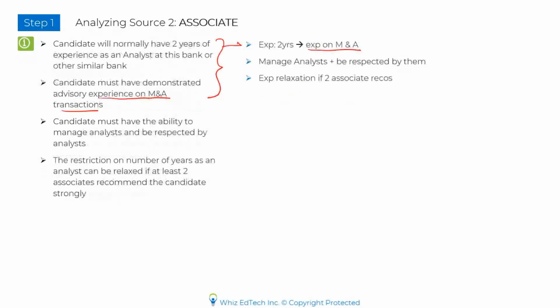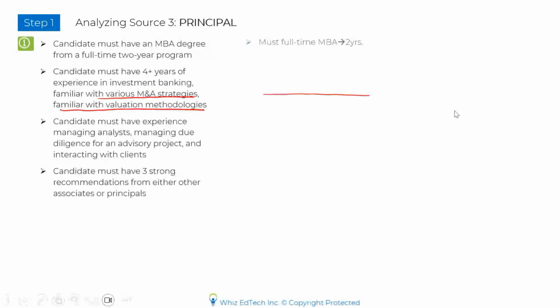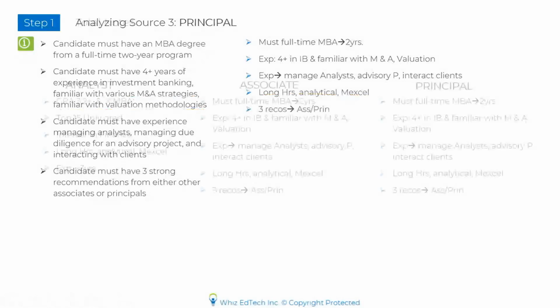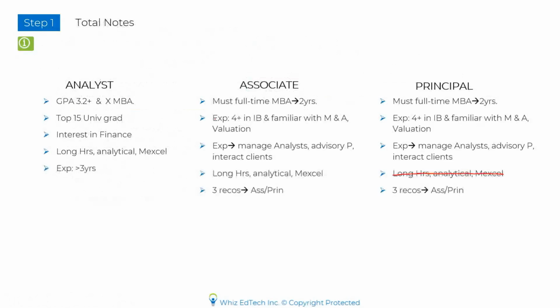So there will be advisory experience. Manage analysts and be respected by them is there, and that's all. Experience on MA and transactions. So that's it, I'll just correct that. One second.